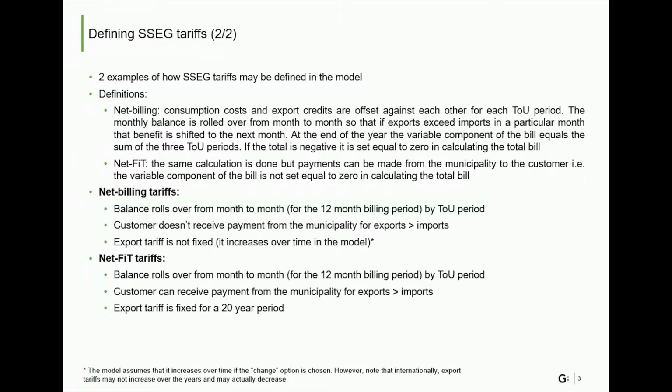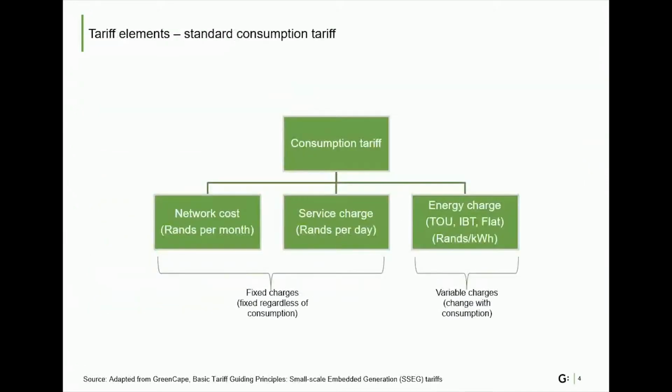In other words, the export tariff may be fixed for a 20-year period. As with net billing, a single bidirectional meter is needed to measure both energy usage and energy exports under a net feed-in tariff scheme. Now we will look at the difference between a standard consumption tariff and an SSEG tariff.